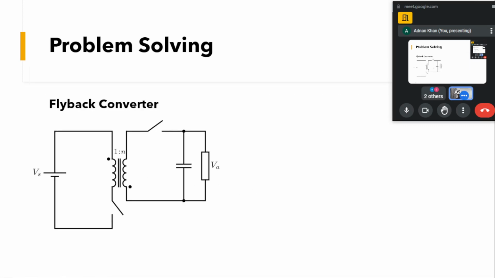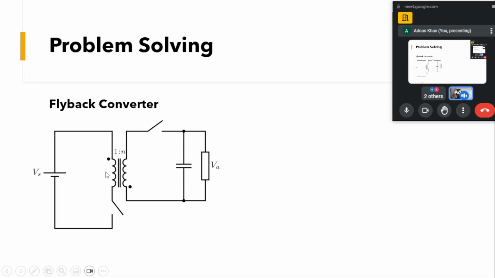This is the circuit of the flyback converter, where we have a coupled inductor, and in the primary of this inductor we have a controllable device, which is usually anything like GTO, MOSFET, IGBT. And on the secondary side we have a second device, which is usually a diode.